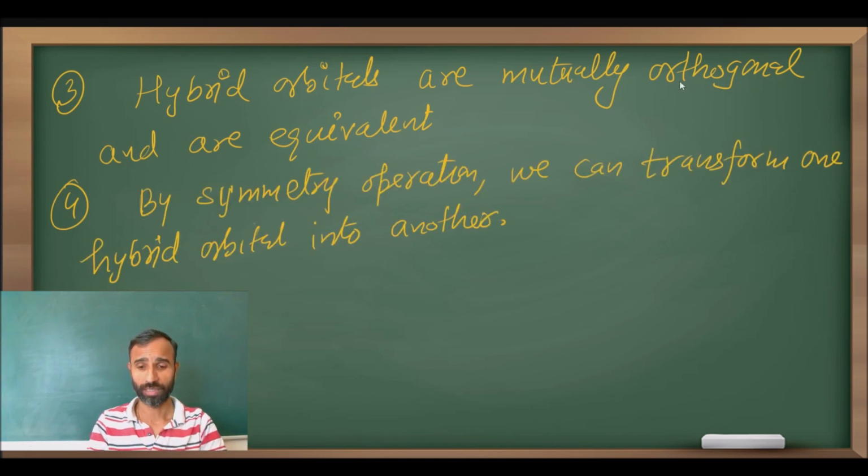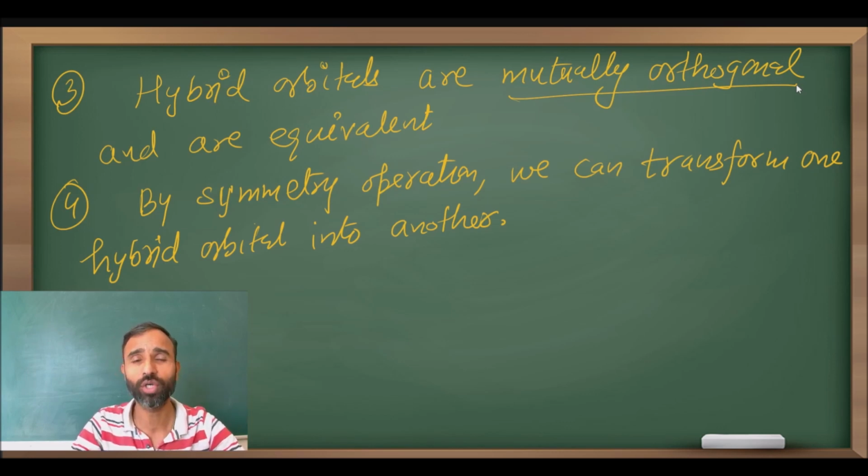They are also normalized, so hybrid orbitals are orthonormal. They are normalized, orthogonal, and equivalent. These are the few points which you keep in mind; for all hybrid orbitals, these things are common.